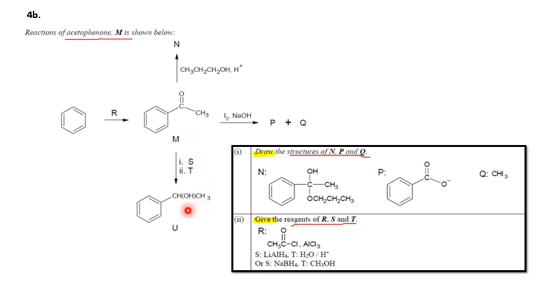So what is this? This is from ketone, reduced to become alcohol. So S and T is a reducing agent. So we can use, one is lithium aluminum hydride, and then two is H3O plus. Or we can use NaBH4 and then methanol. Okay, either one, both of them are reducing agents.